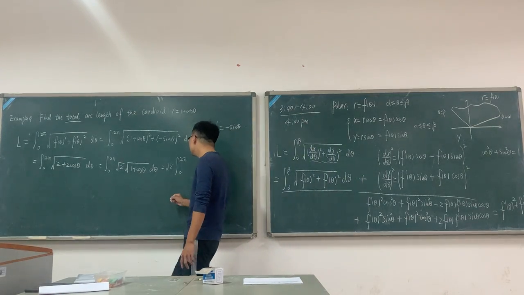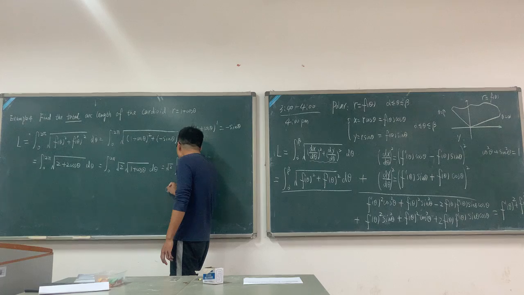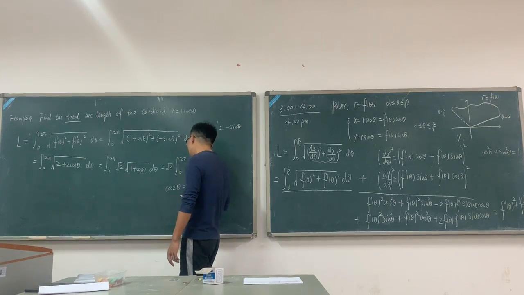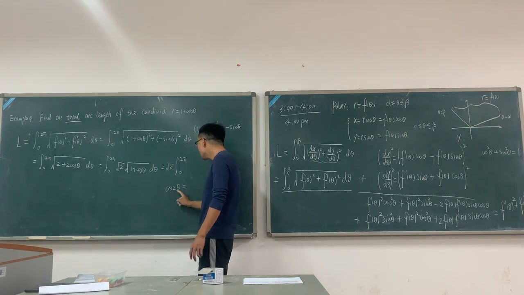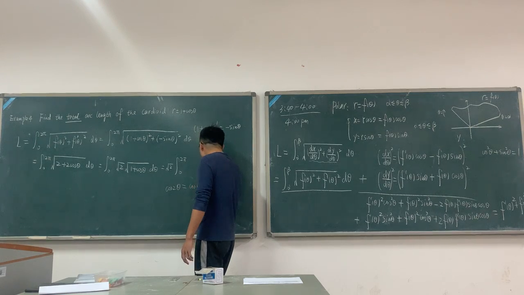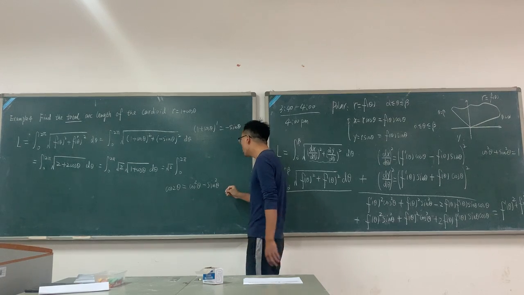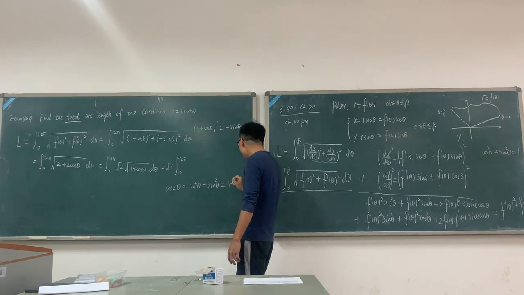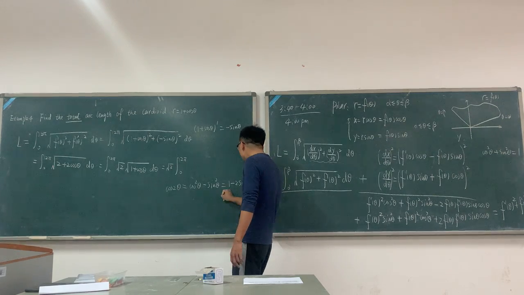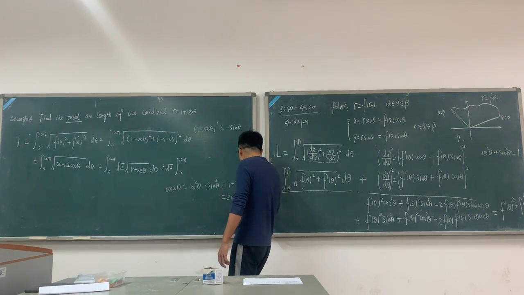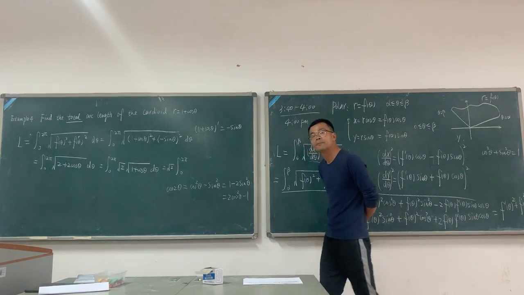We use a formula that we know: cosine 2 theta equals what? Cosine 2 theta equals cosine theta square minus sin theta square, yeah? Or equal to 1 minus 2 sin theta square, or equal to 2 cosine theta square minus 1, yeah?